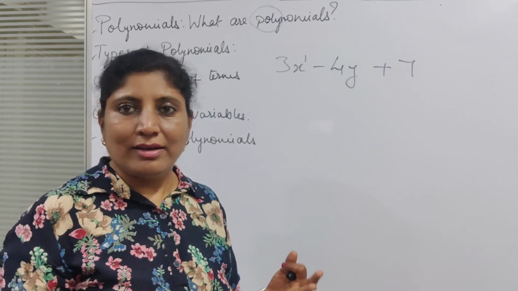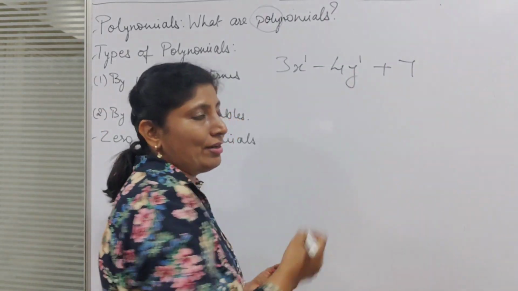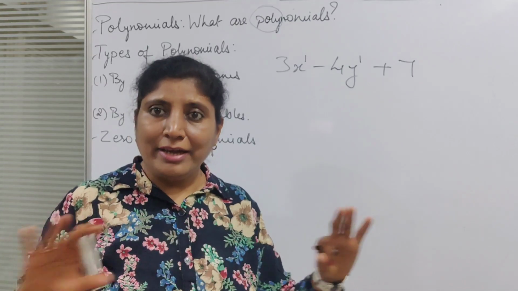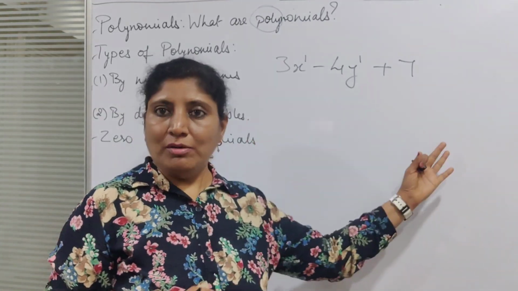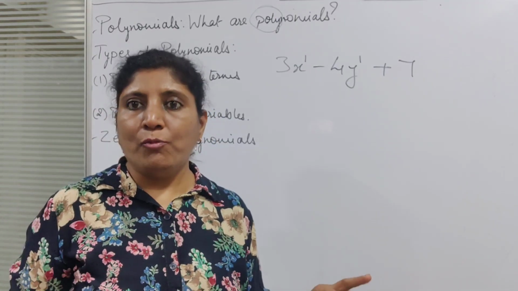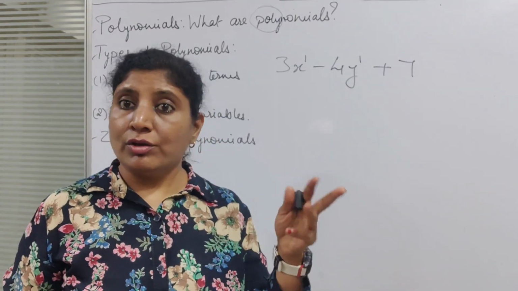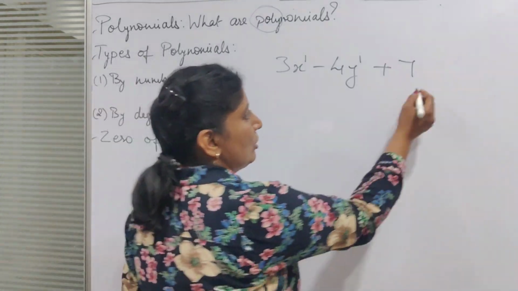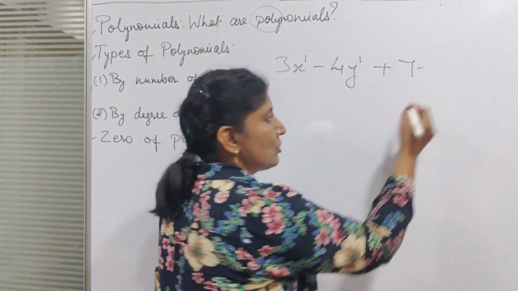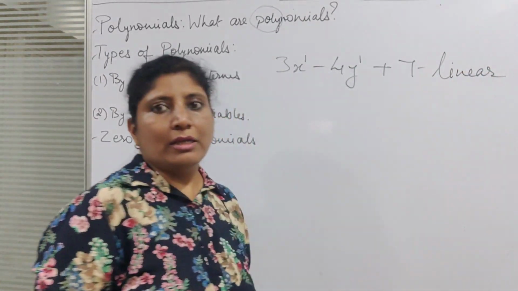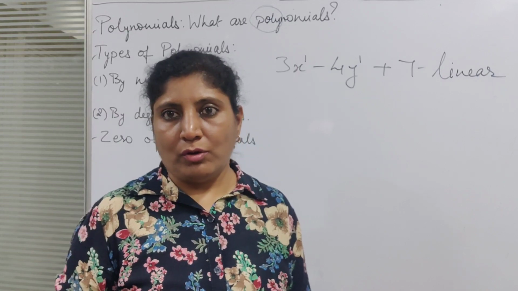What is the degree of y? Again, nothing written, so it is 1. So what is the highest degree of any variable in this given polynomial? 1 is the highest degree. There is no variable having 2 or 3 or 4 degrees, right? It is only 1 degree. So such a polynomial is known as linear polynomial, right? This is a linear polynomial.